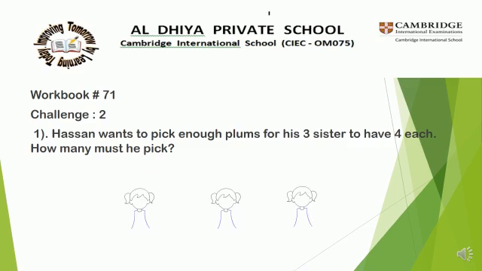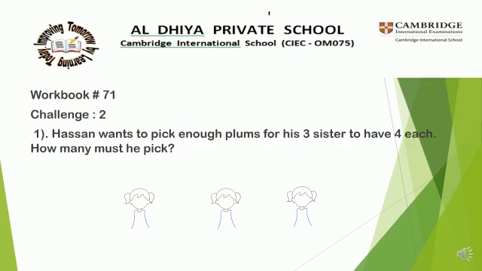Hassan is having how many sisters? 3 sisters. See here, I have drawn 3 girls. He wants to pick 4 plums for each. For one sister, he will give 4, another 4, another 4. Now, shall we give plums to his sisters?